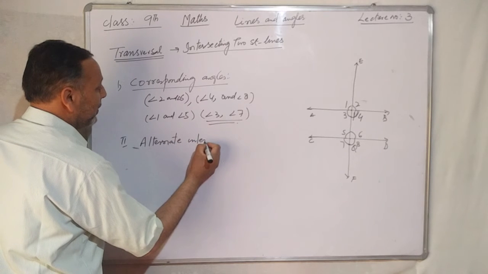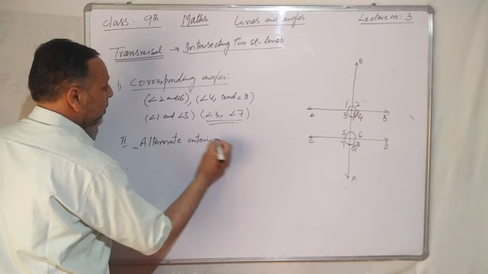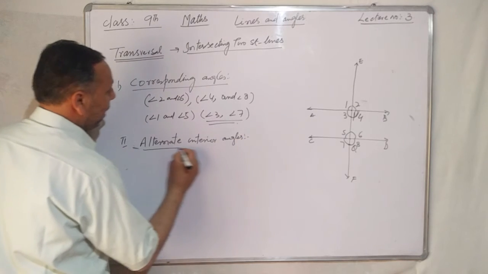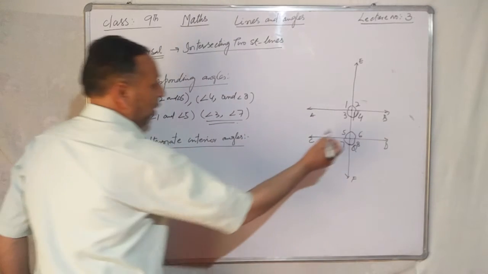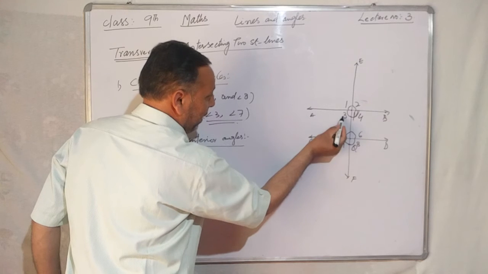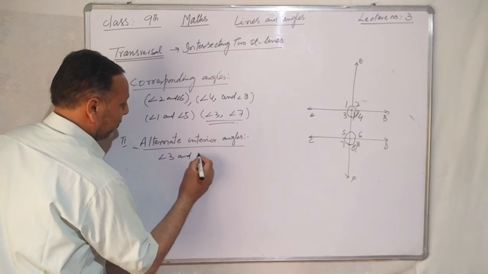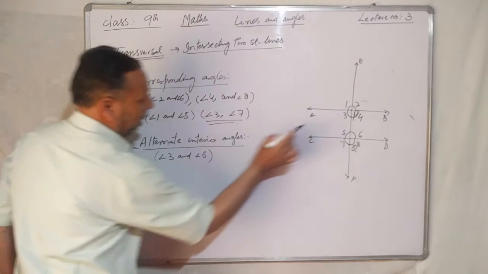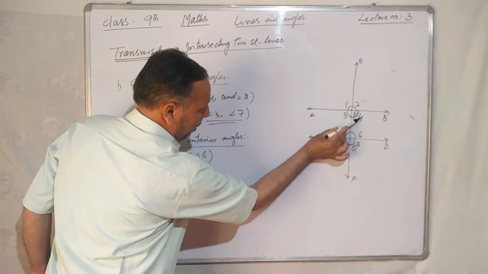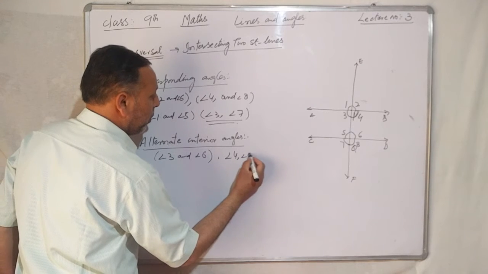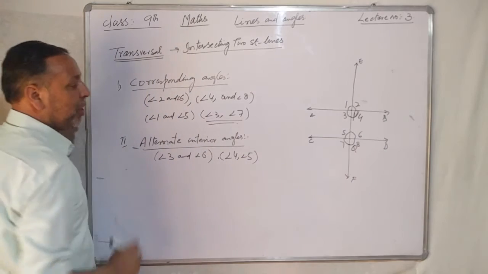Number 2 is alternate interior angles. Angle 4 and angle 5, angle 3 and angle 6. These are alternate interior angles.